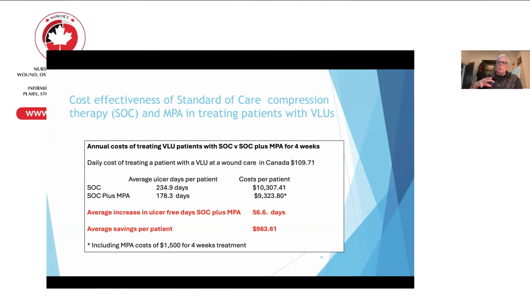So, in other words, even with factoring in the muscle pump activation device, you've saved at least $1,000. Keith Harding's study on costs in the UK provided slightly higher, about 12 or 1,300 Canadian dollars per patient. Some of their cost factors were a little bit higher as well.